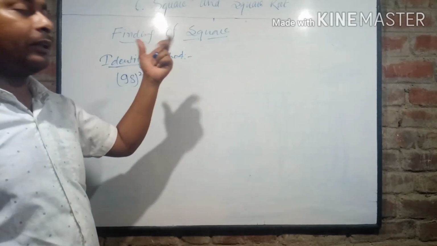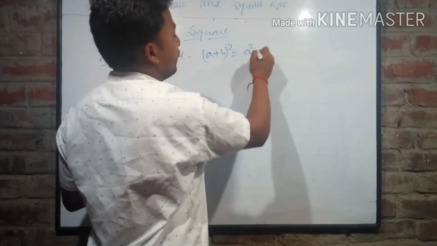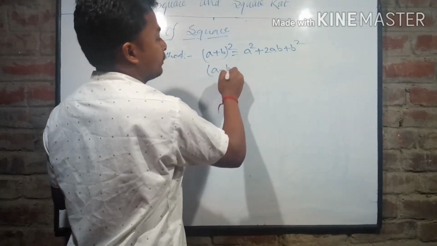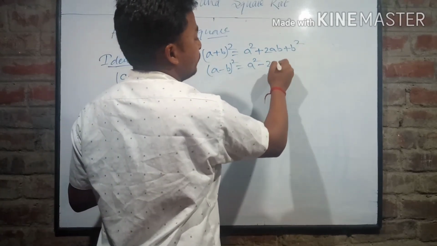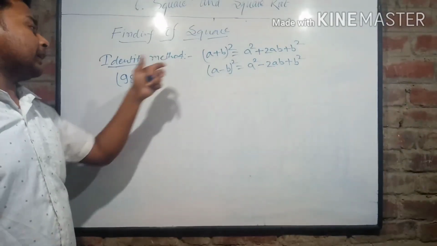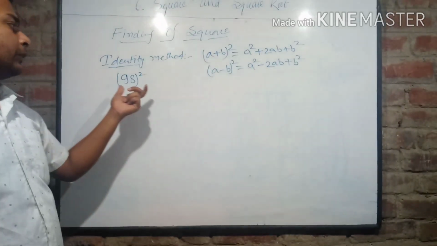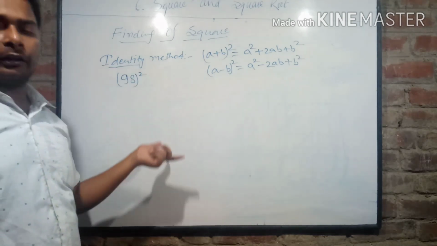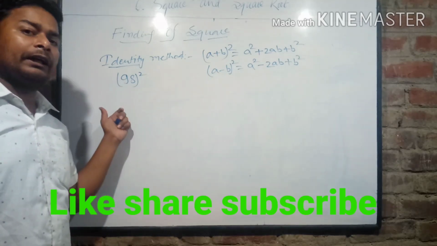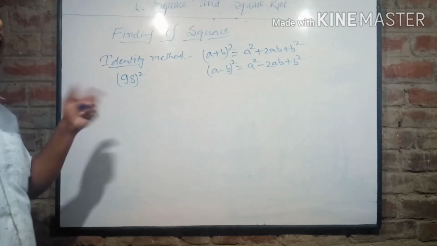You have done algebraic identities: (A plus B) whole square is equal to A square plus 2AB plus B square, and (A minus B) whole square is equal to A square minus 2AB plus B square.